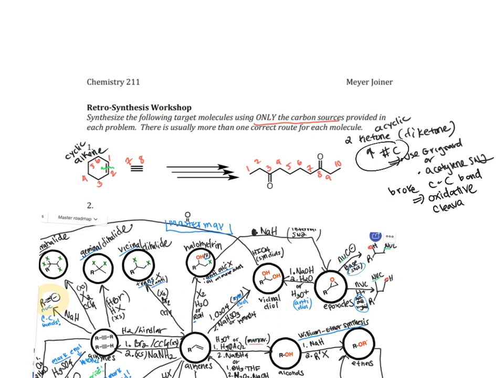So that means we had to use O3 or HIO4. It turns out there are lots of different routes that work, so let's pick one. Let's do the ozonolysis as our starting point, because that really narrows it down greatly. That means that these used to be connected. Now we could either go backward or forward, or a little bit of both.